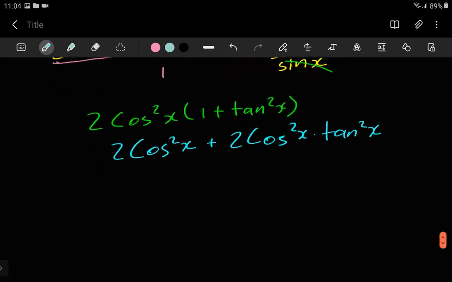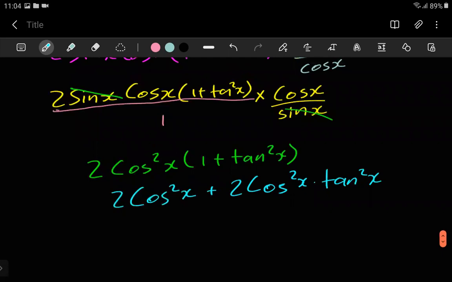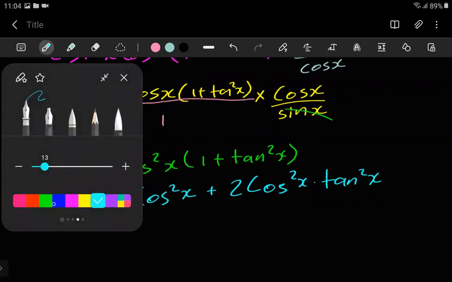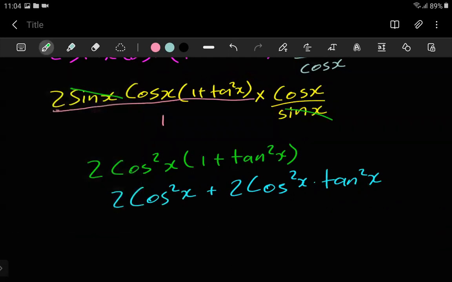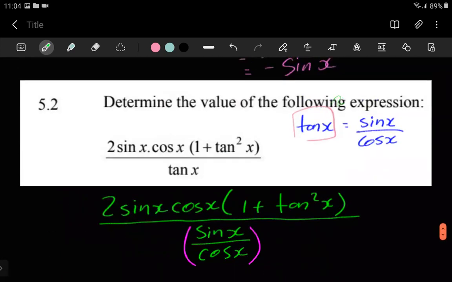Now remember, we're trying to get it to a single value. So this is where you can change this tan squared x. If tan is squared, then sine and cosine both have to be squared also.